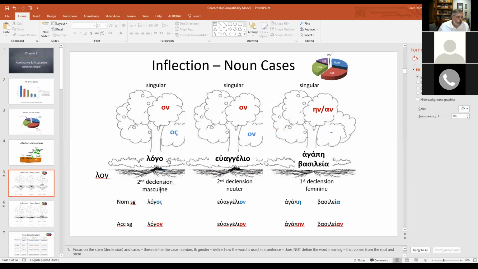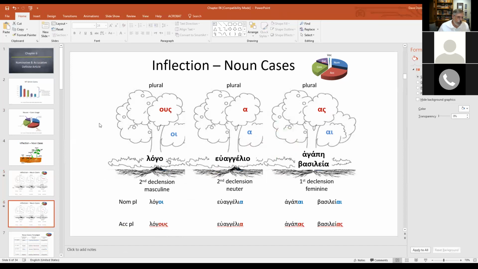And so that tells me it's logos. I know it's the direct object, the accusative case, if it's logon. So we have, in this pattern of second declension, masculine, singular, logos or logon. Ignore the others for a minute. Let me continue the same pattern.